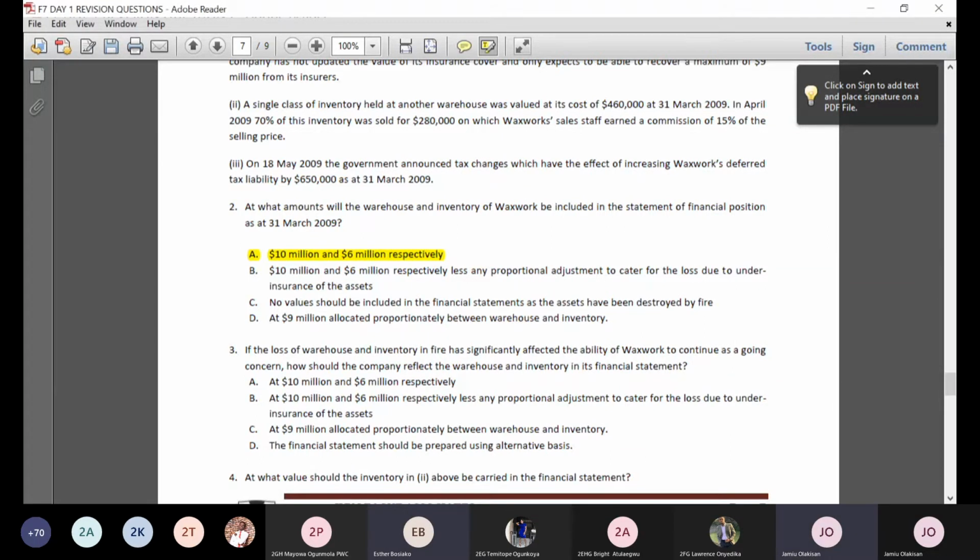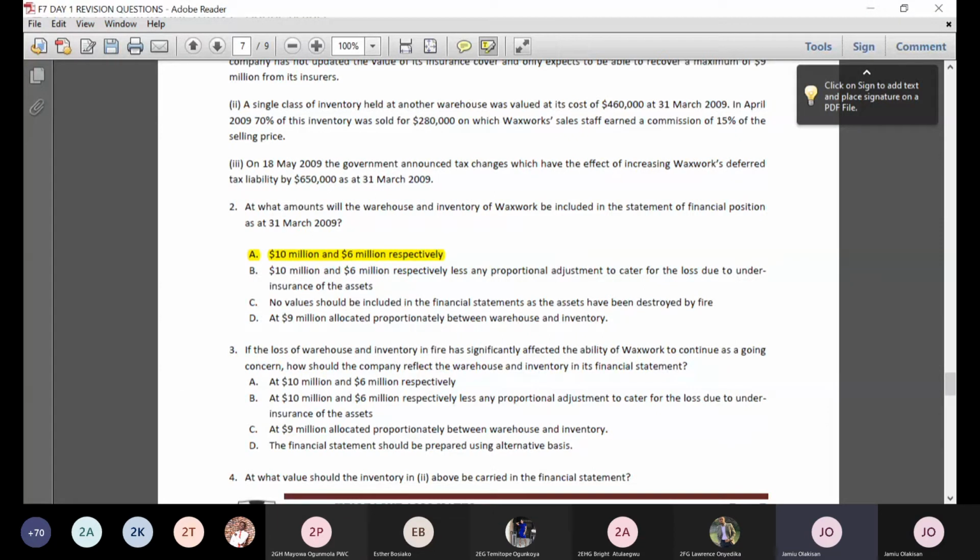It's a non-adjusting event. The fire occurred after the end of the year. Despite the fact that it has destroyed your inventory, it occurred after the end of the year. You don't go back and adjust. When I was doing a quick revision of IAS 10 now, I mentioned specifically that a fire that occurred after the end of the year, if it destroyed your asset, it's a non-adjusting event.